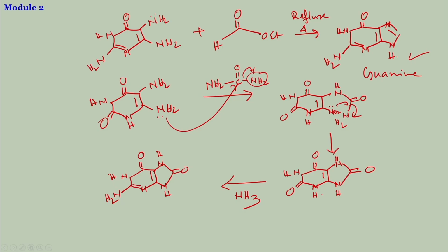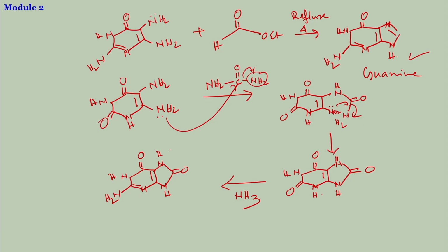So ideally you could have started with this compound also here, and you could have got down to the same molecule. These two molecules would have been identical if you would have started with the amine group already present. But in order to avoid the reaction of this amine, we have started with the double keto form here, and then if you need an amine, you can always do the amination by treatment with ammonia.